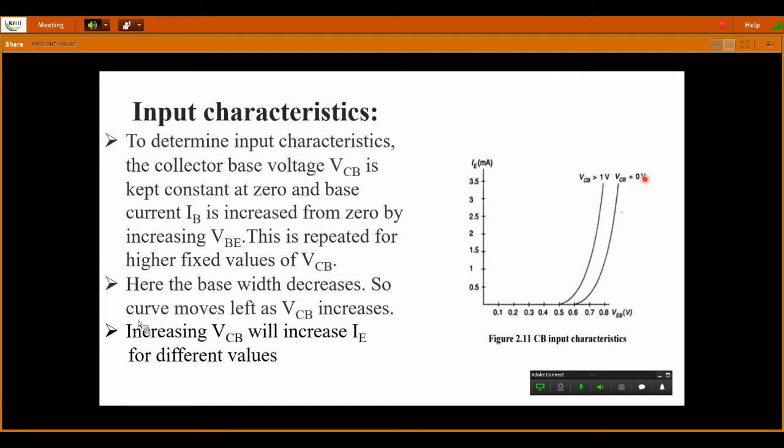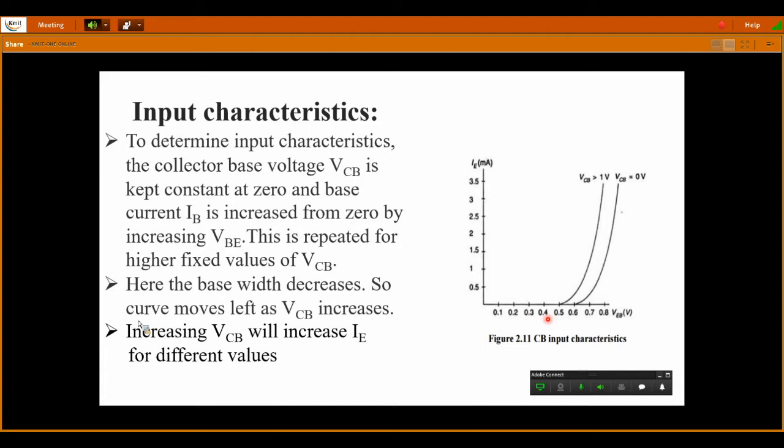When VCB is 0, I gradually increased my VEB from 0.1 onwards: 0.1, 0.2, 0.3. As we already know, the base to emitter junction is a PN junction diode, so unless you have nullified the barrier potential, you don't have any carrier current from the P terminal to the N type material.